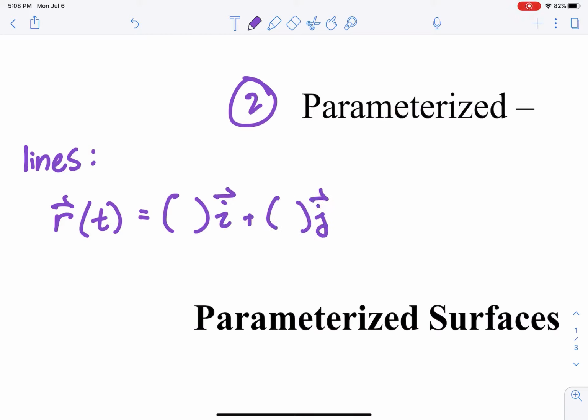So it's that exact same idea, but instead of using one parameter, the one parameter we used was usually t, so that was the parameter. That gives us a line, if we only have one variable that we manipulate in that way. But if we add a second variable and do a parameterization in terms of two different independent variables, then that actually gives us a surface.